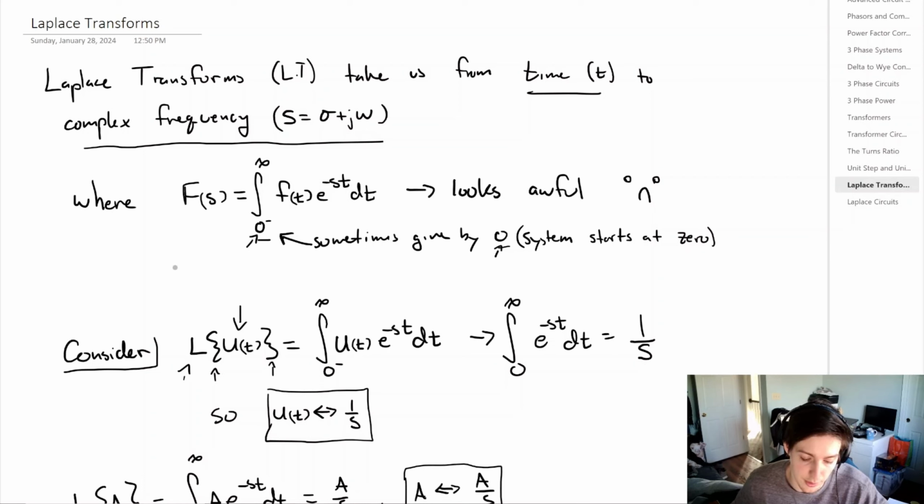So if we look at this function, we know that the unit step function won't start until just after 0, and after t equals 0, this unit step function is a 1. So we can replace this integral with this integral on the right here. So from that, we just integrate this as we normally would to get that it is equal to 1 over s. So we can say that the unit step function transforms to 1 over s.